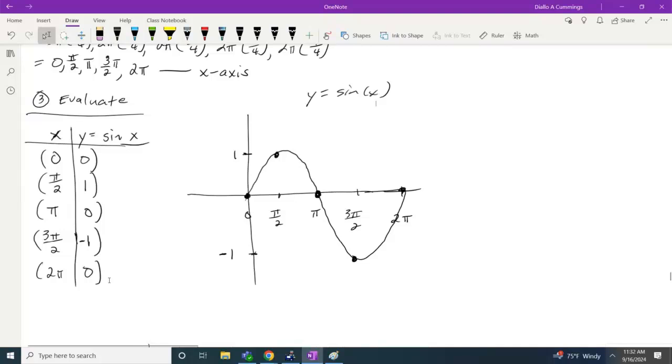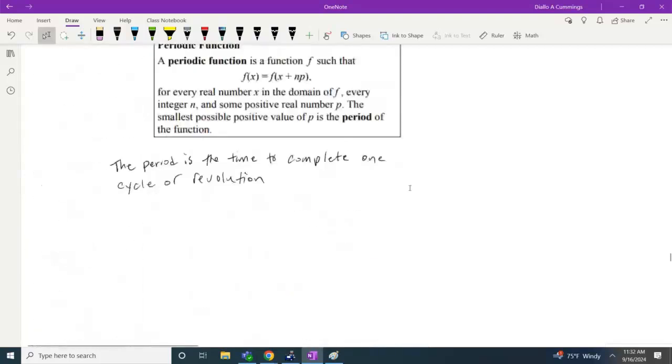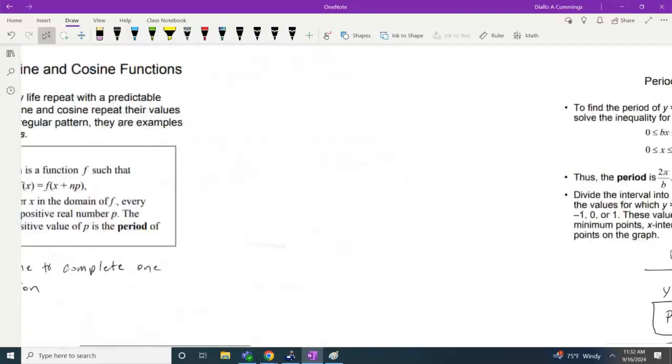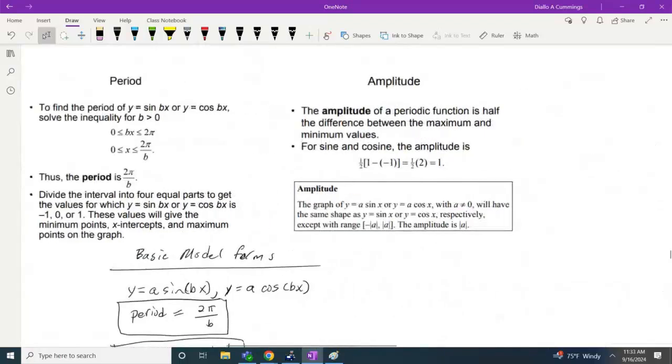All right, so the period is the time it takes to complete 1 revolution. All right, so that period is 2 pi. The amplitude, if I go back to the definition, because I'm going to explain both ways.